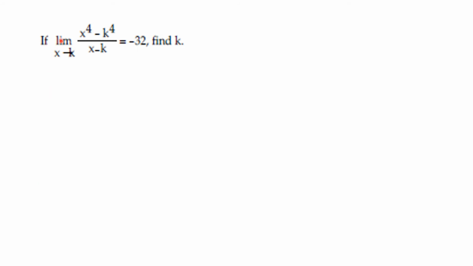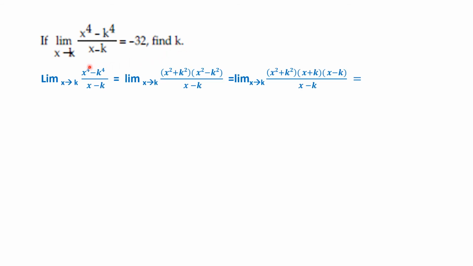If the limit as x approaches k of (x to the power 4 minus k to the power 4) divided by (x minus k) is equal to negative 32, find k. We're going to go ahead and rewrite the function.